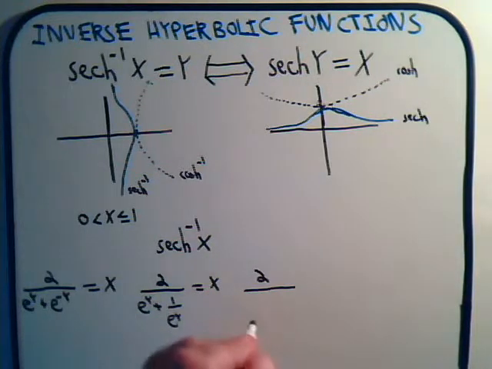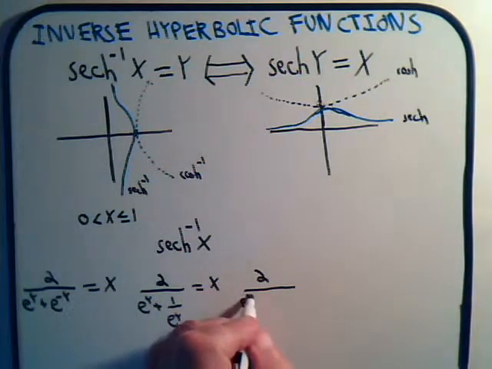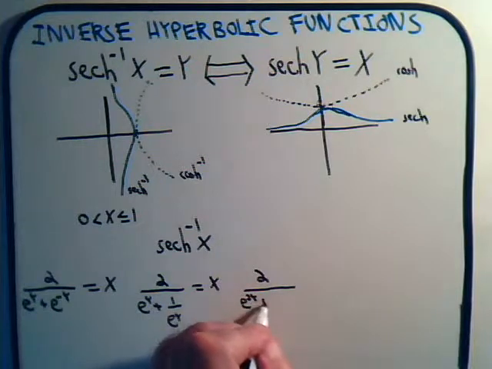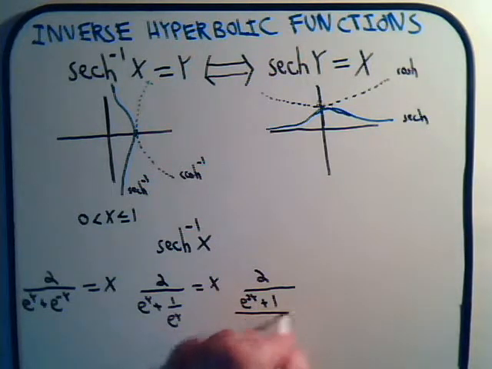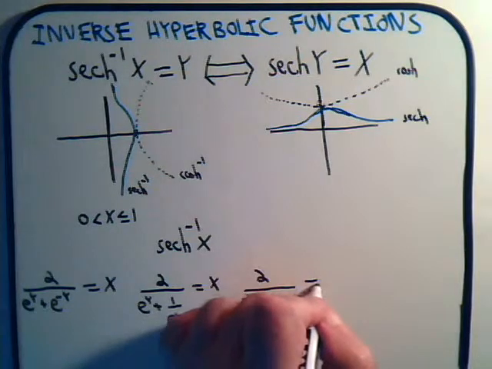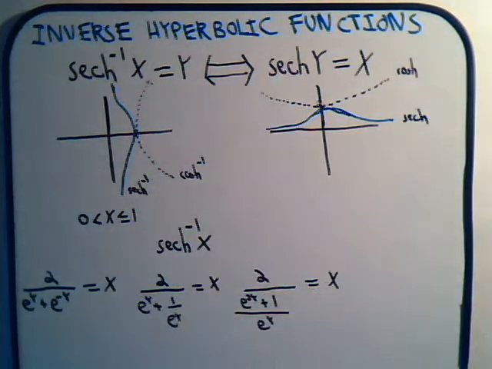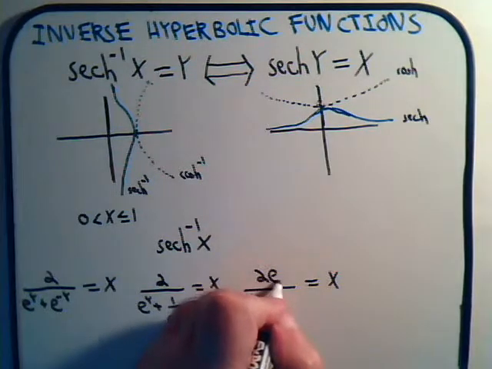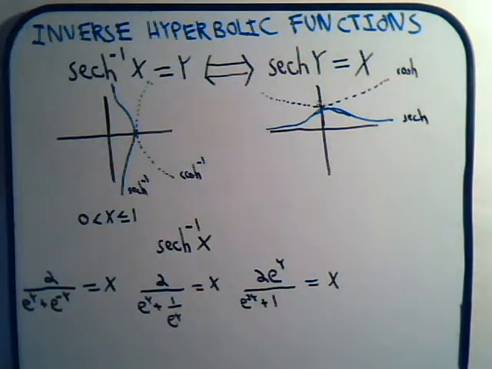And adding these, we have e to the 2y plus 1 divided by e to the y equals x. And we can put this e to the y upstairs in the numerator.